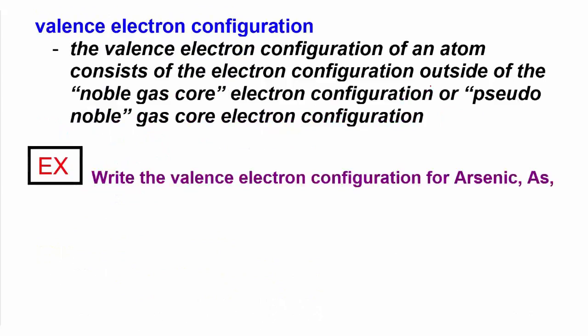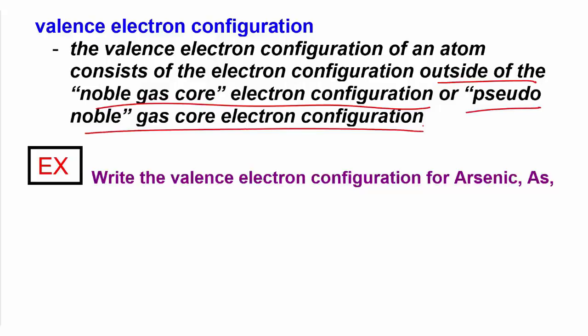Valence electron configurations. The valence electron configuration of an atom consists of the electron configuration outside of the noble gas core electron configuration, or pseudo noble gas core electron configuration. What are they talking about? The idea of valence electrons is that the outermost electrons, the most energetic electrons, are doing all of the reacting.